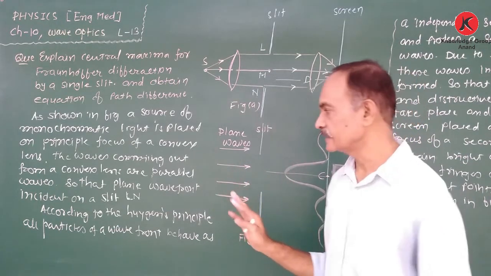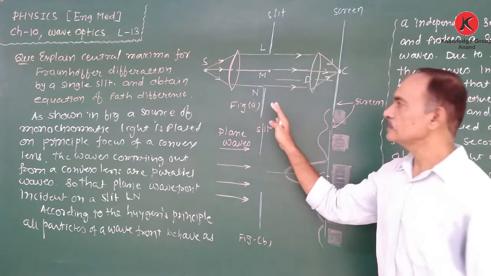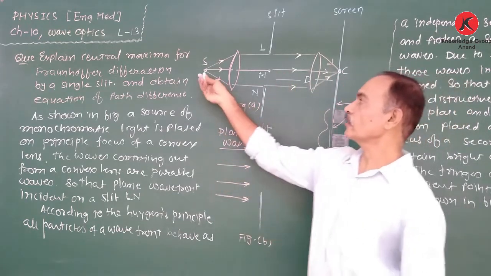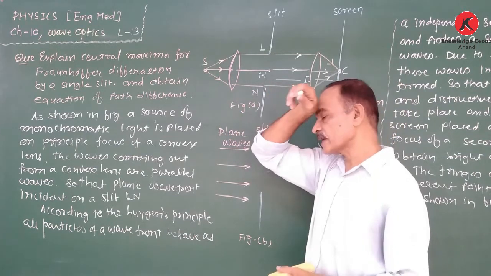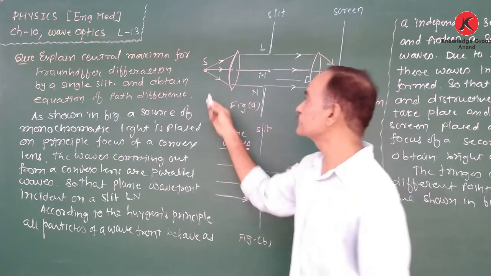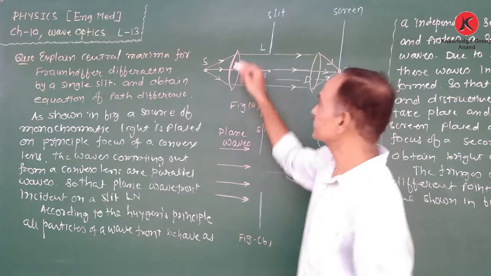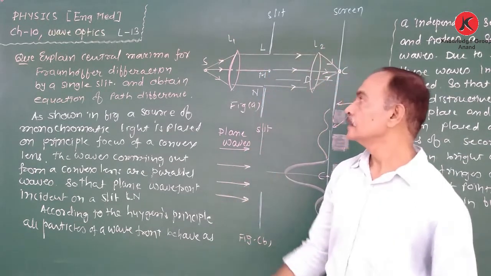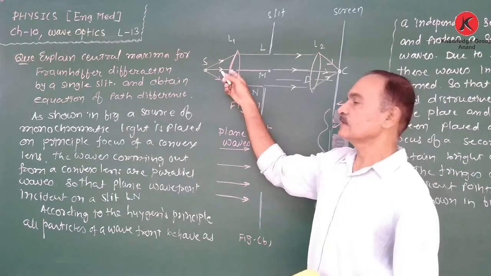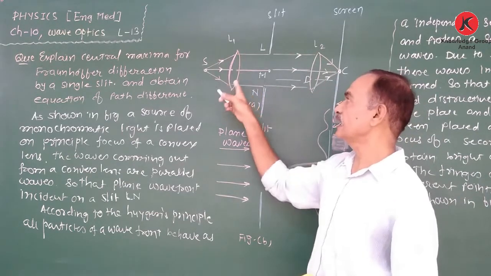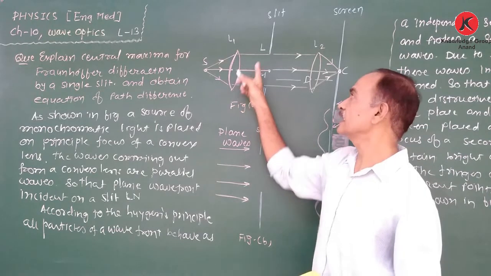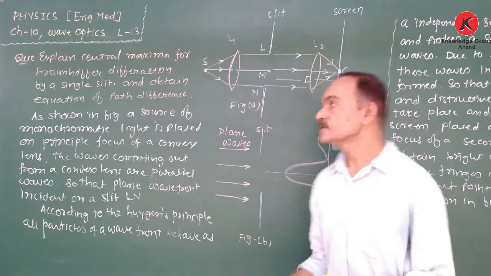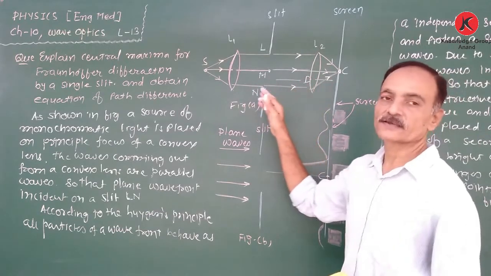Here we have to write down the description of the figure. A source of monochromatic light is placed at the principal focus of a convex lens. There is lens L1, there is L2. The waves emerging from the lens are plane waves, therefore the plane wavefront is incident on the slit.